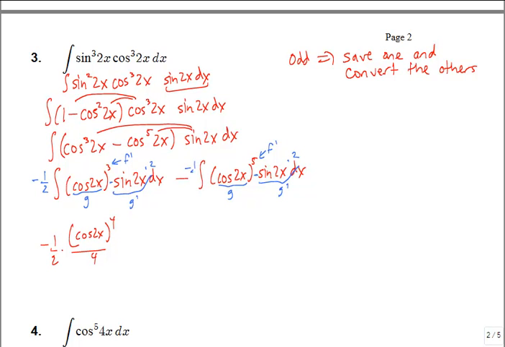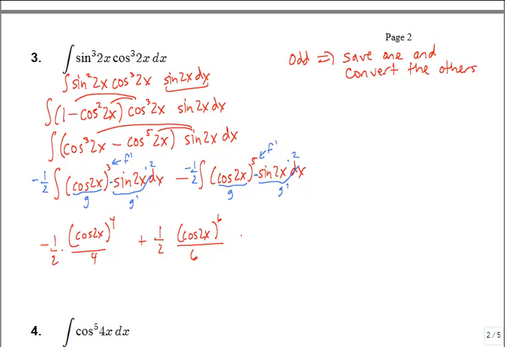I need to counterbalance by a negative 1/2. So the minus minus becomes a plus 1/2, and the integral of something to the 5th is something to the 6th over 6, and the cosine 2x stays the same inside.